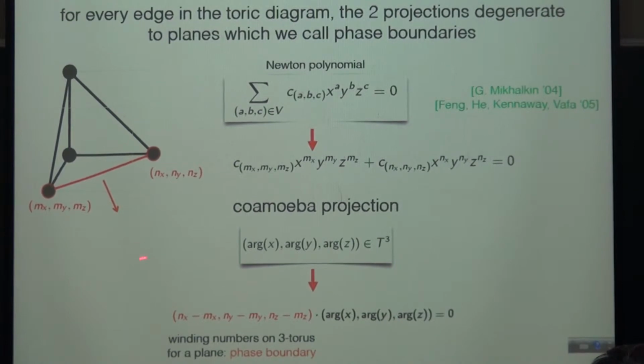If I take this Newton polynomial in terms of coordinates x, y, and z, and project this polynomial onto the arguments of the 3 coordinates x, y, and z, I obtain an object which, so the holomorphic surface in x, y, z basically asymptotes into planes on the free torus. In fact, these planes on the free torus have non-trivial winding numbers, and you can consider them as the boundaries of the holomorphic surface on the space of arguments of the 3 complex coordinates x, y, and z.